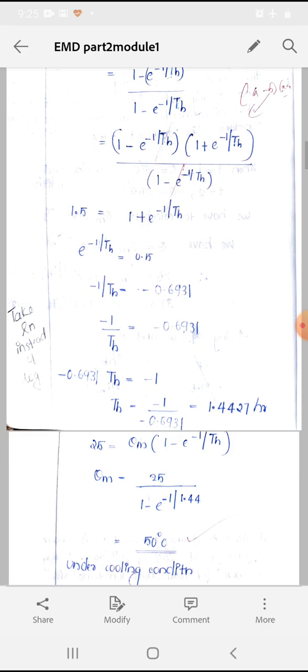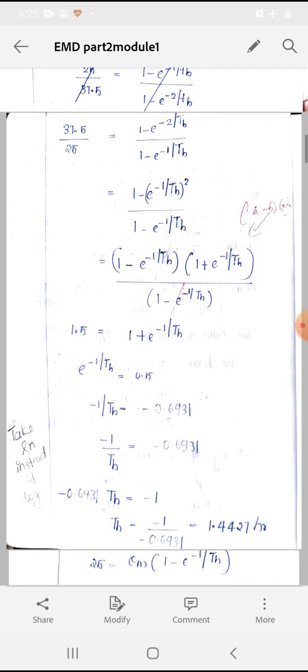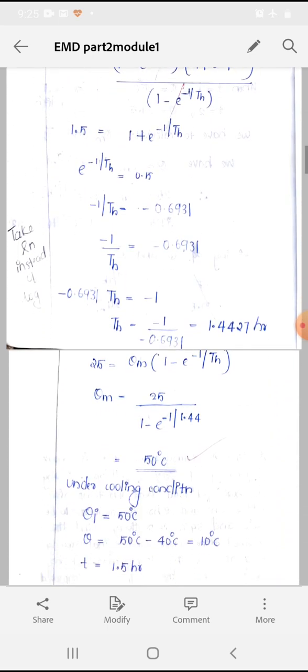Now Th we get as 1.4427 hours. Now we substitute Th in either equation 1 or equation 2, and we get the value of theta m. So we get theta m as 50 degrees Celsius.